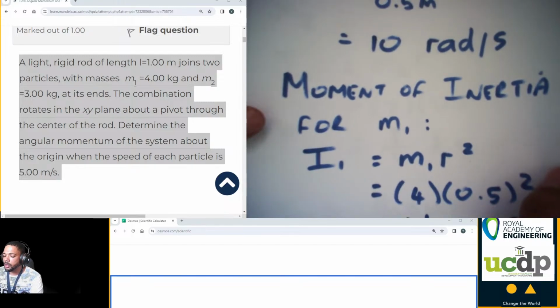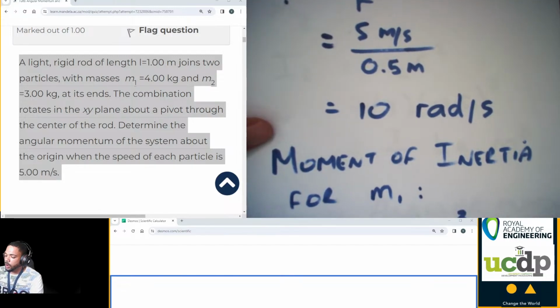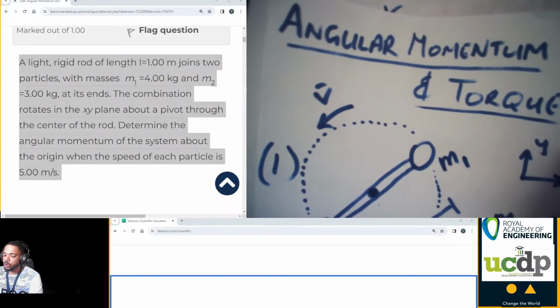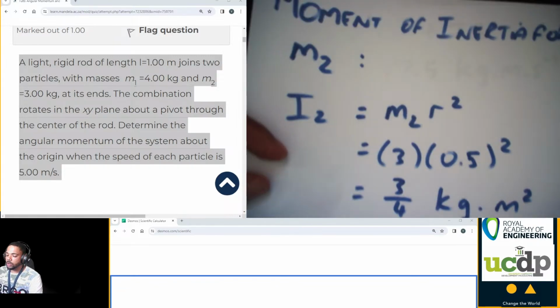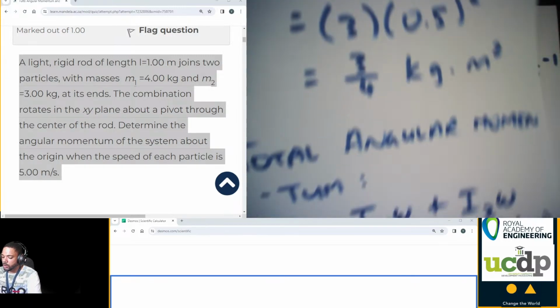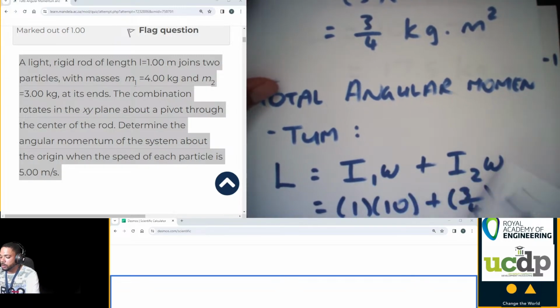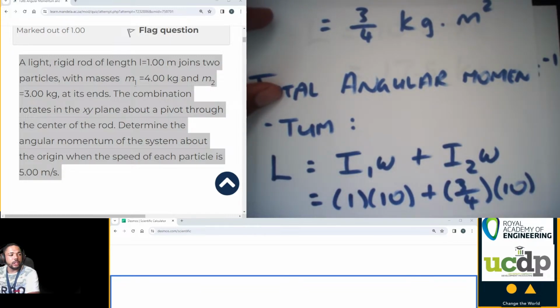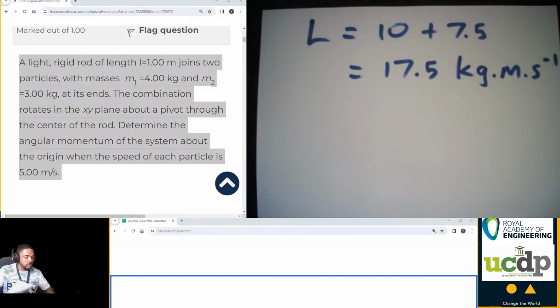The total angular momentum is the angular momentum of the first one plus that of the second one, where angular momentum is the inertia multiplied by the angular velocity. That is a very nice problem.